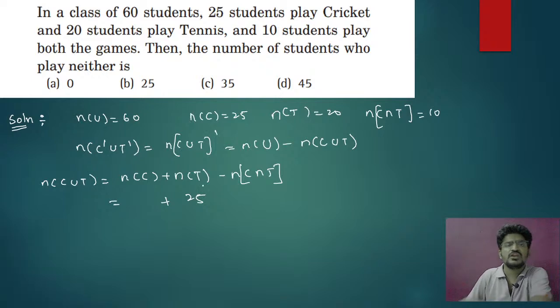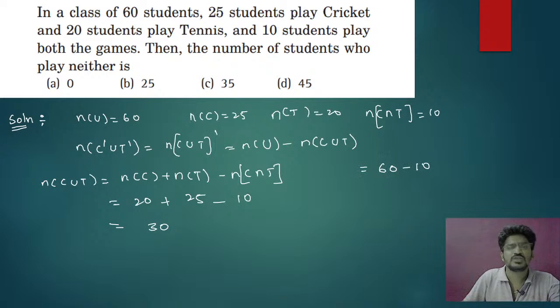N of C is 25, N of T is 20, minus N of C intersection T is 10. 45 minus 10 is 30. Then 60 minus 30 is 30 we are getting. So that is wrong answer.